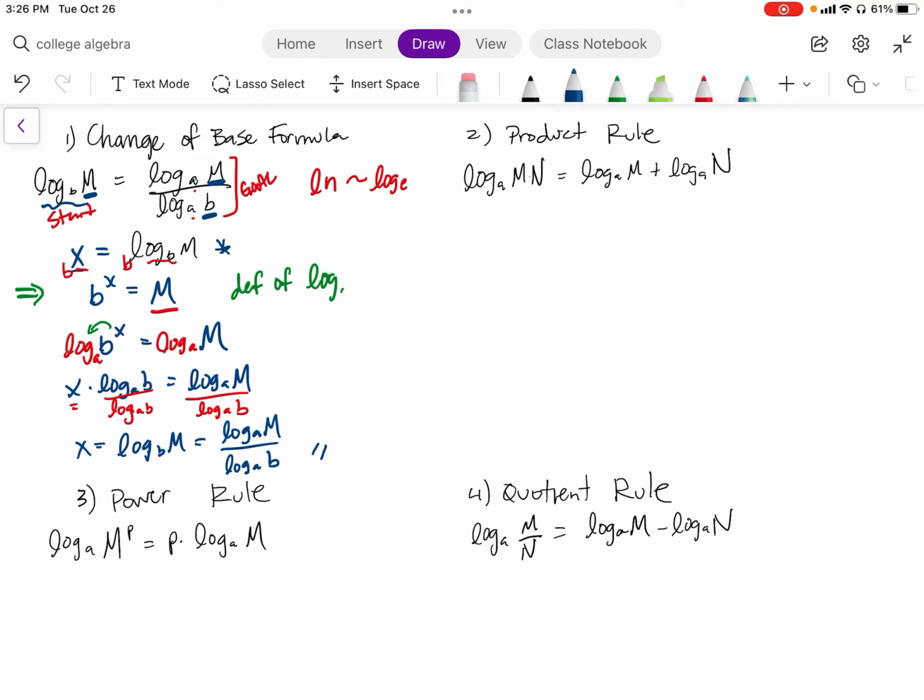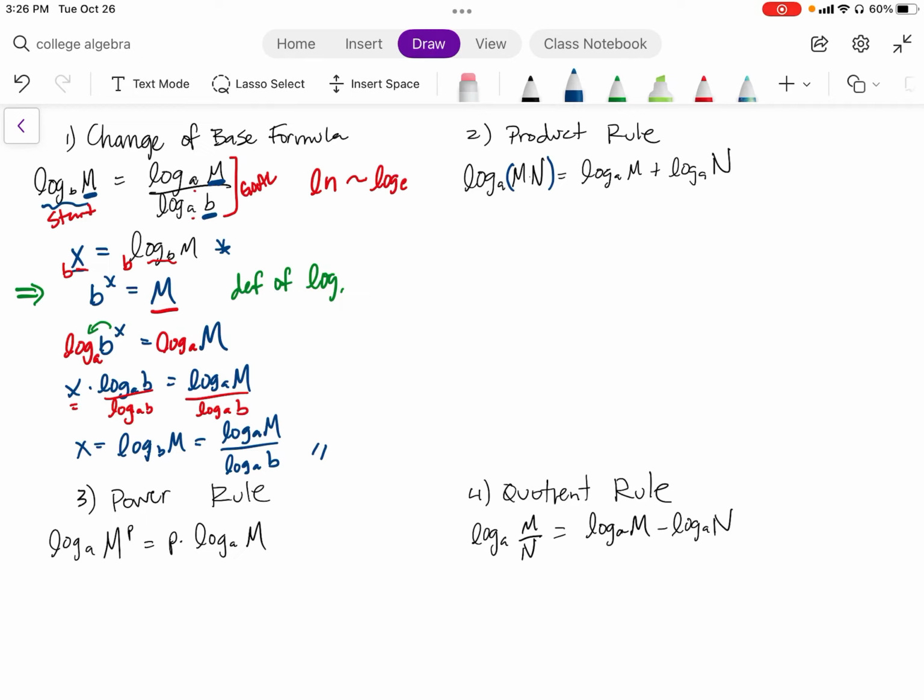All right, product rule. Oftentimes we don't write parentheses here because it's implied. If I have log base a of mn, that means I am multiplying m and n, and it's log a of all of it. But let me go ahead and write the parentheses.